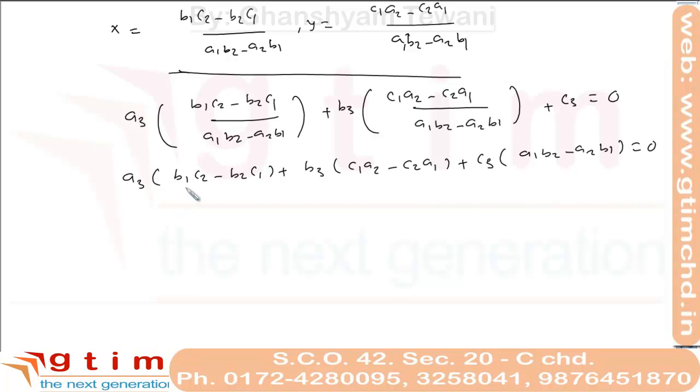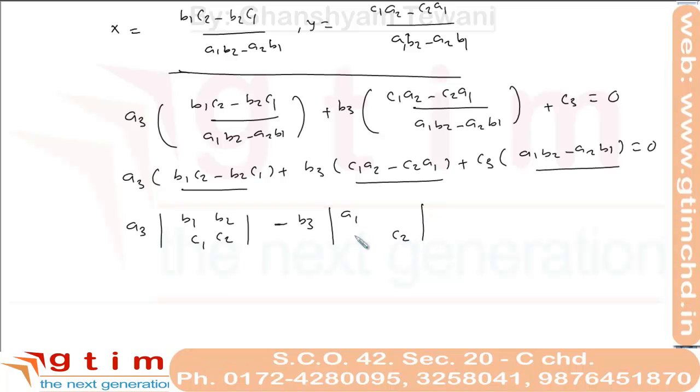Now these are in fact expansions of second order determinants. So we have a3 multiplied by b1 c2 minus b2 c1. For b3 we can put a minus sign, so we have a1 c2 minus a2 c1.